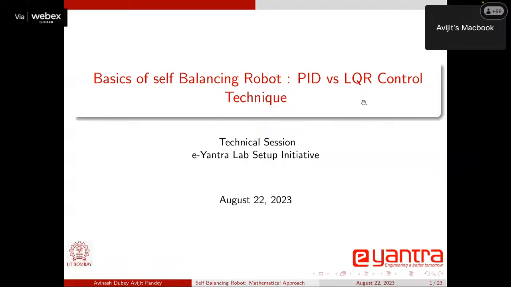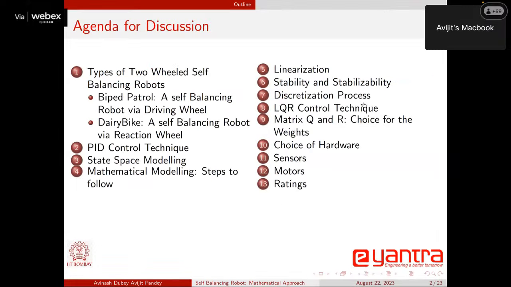So let's jump into the discussion. We'll first look at two types of two-wheel self-balancing robots that we have built so far at eYantra. Then we'll learn about the PID control technique, and about state space modeling and mathematical modeling and the steps to follow.